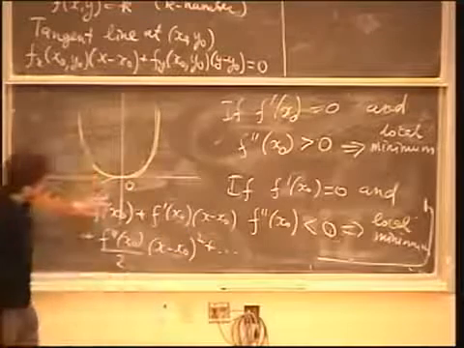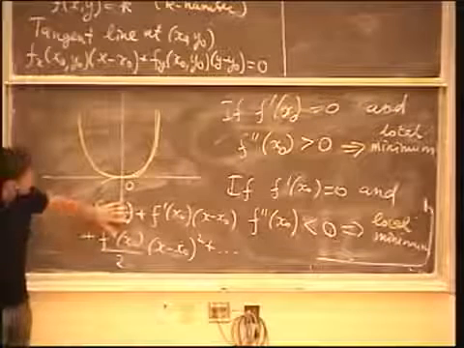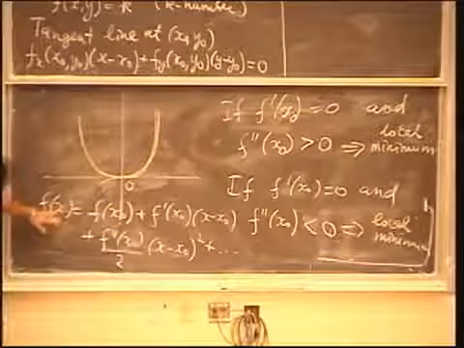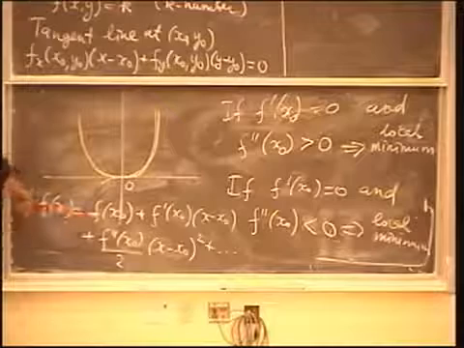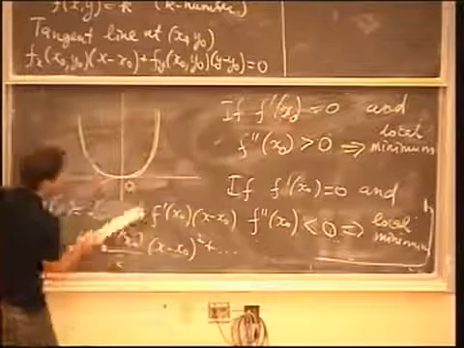Okay? So this is just the value of the function. Let's assume, without loss of generality, that it is equal to 0. After all, we can just subtract this value from this side. It's not going to change anything. So let's just assume that it is 0.